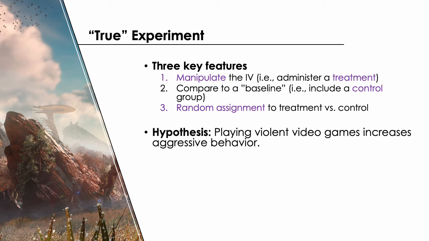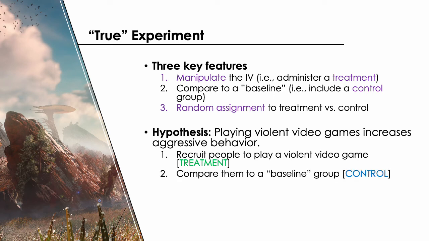So again, taking this hypothesis, playing violent video games increases aggressive behavior. If I were to conduct an experiment to test this hypothesis, a very basic, straightforward experiment would be that I recruit some people to play a violent video game. Those would be my treatment group. I compare those individuals to people who play a non-violent video game, someone in my baseline group or control group. And those individuals who participate in my study are going to be randomly assigned to condition, which again, I will have another video that dives into more in depth.